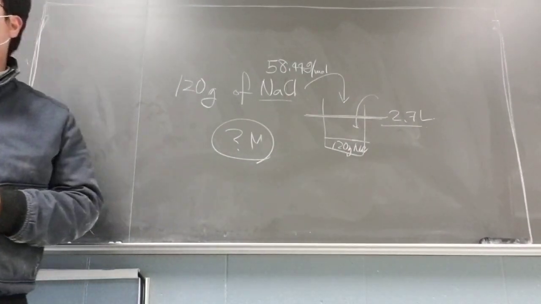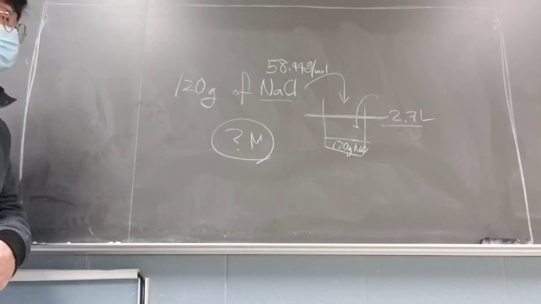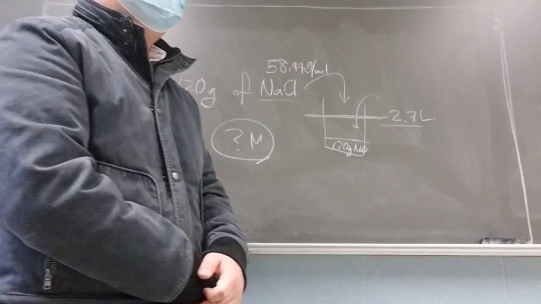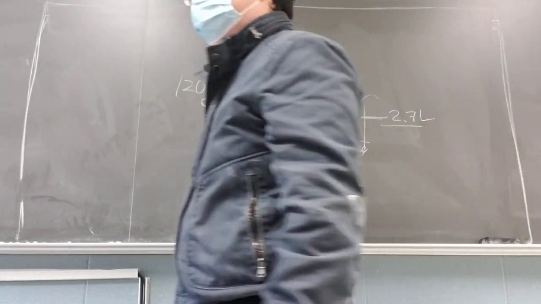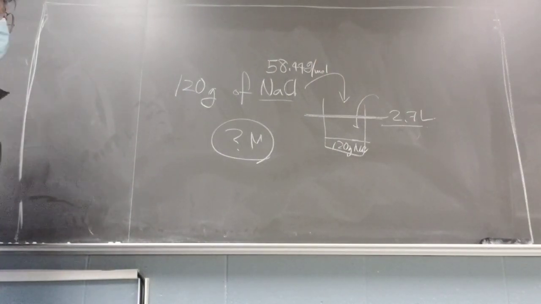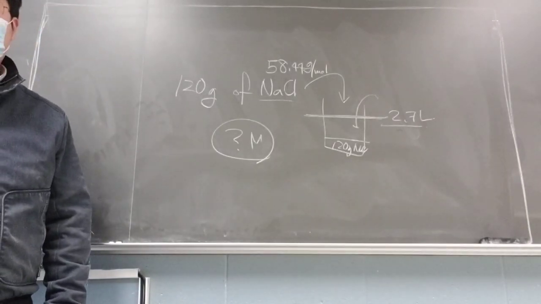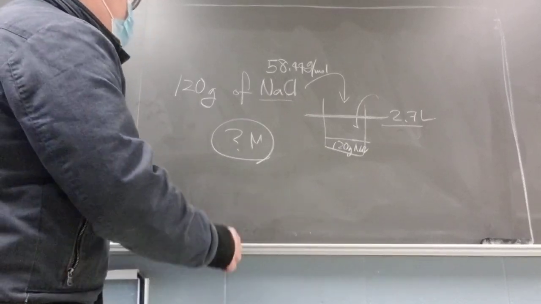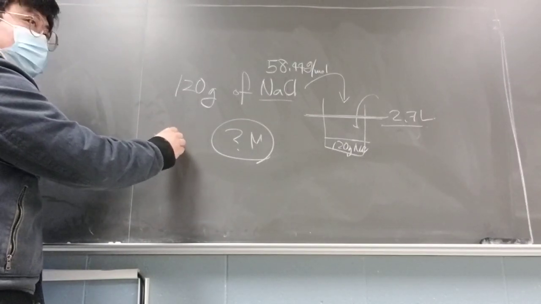So maybe we can do just 2 sig figs. All right, 30 seconds. Okay, all right, so what's the answer? 0.75, was it? 6, 7?